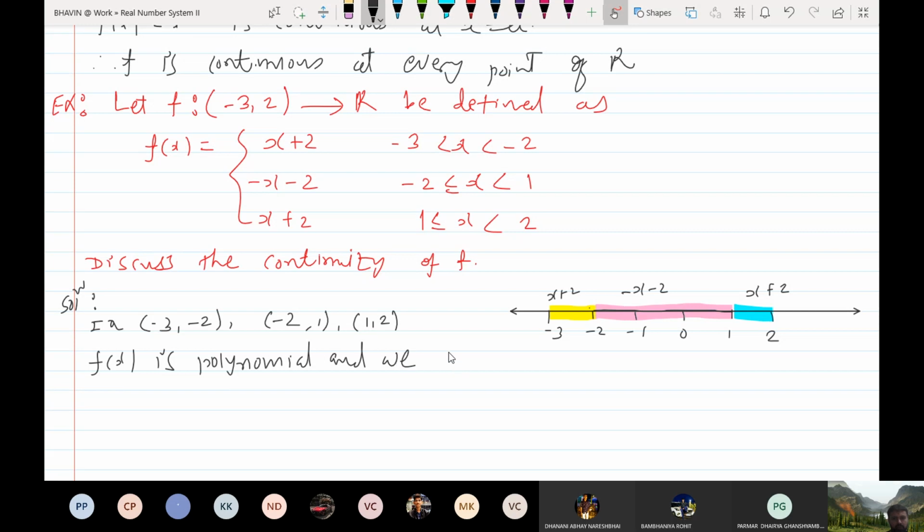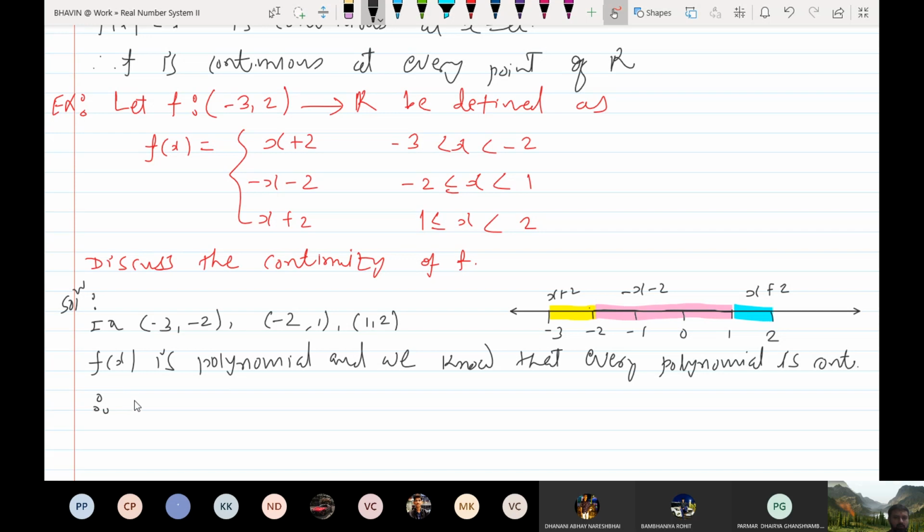And we know that every polynomial is continuous.